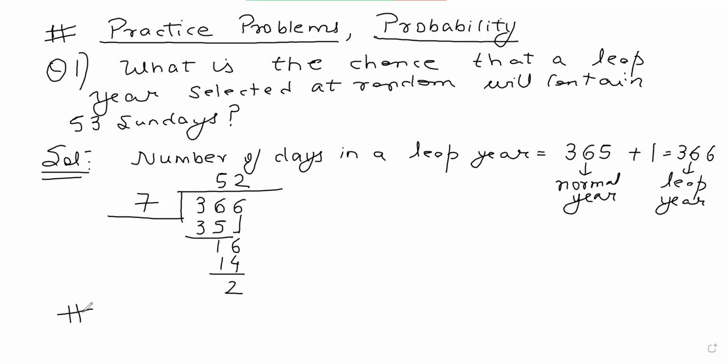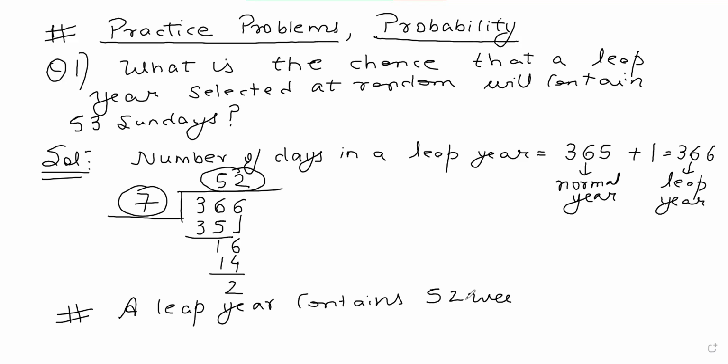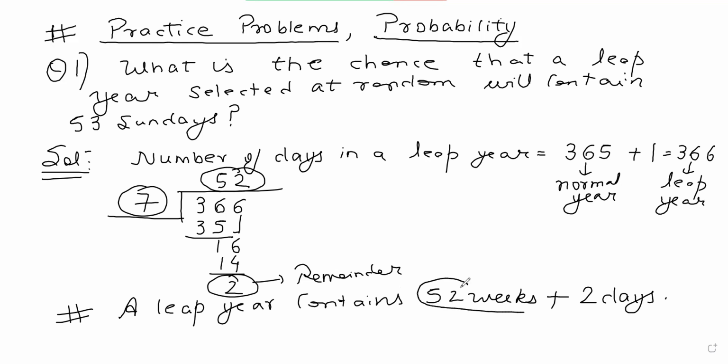That means I can say that a leap year contains 52 weeks comprising of 7 days plus 2 extra days. When we do the long division, this is my remainder. It contains 2 extra days. So in terms of weeks, I can say that a leap year contains 52 weeks plus 2 days.